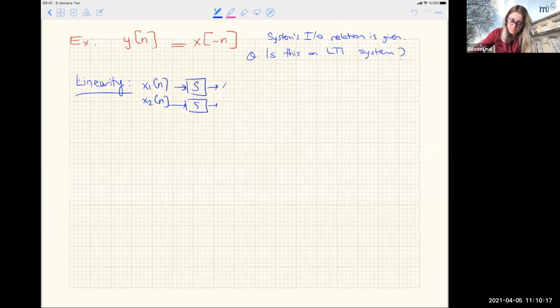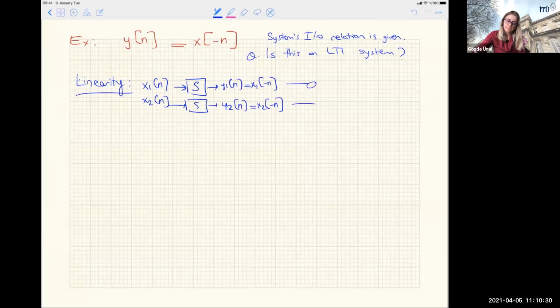I have y1 of n is x1 of minus n, y2 of n is x2 of minus n. Now, after scaling, sum these guys up. You have a x1 of minus n plus b x2 of minus n, right? I mean a, b. So this was the first thing.